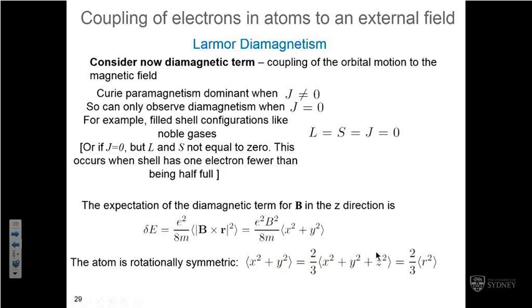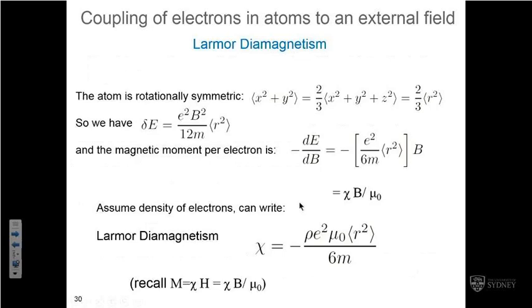So we've got the r vector, we've got x and y directions, and this is why we get this 2/3 of r from our x squared plus y squared. Because x squared plus y squared plus z squared is r squared, but we've only got x squared plus y squared, so we've only got 2/3 of r squared.